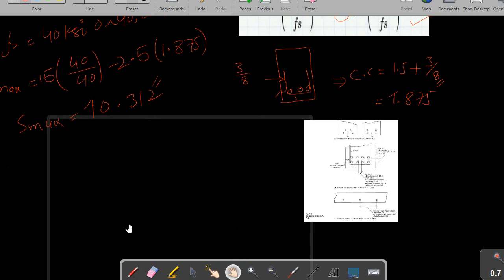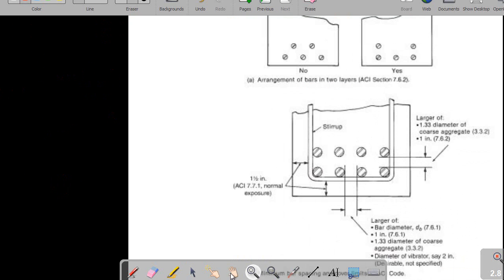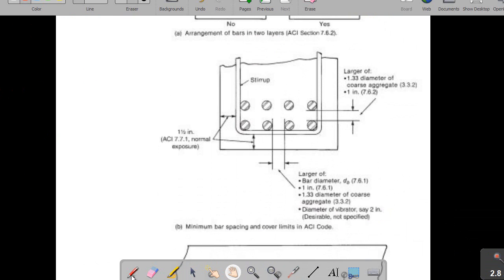Now we will discuss the S minimum value. This is important. If you look at this diagram, I have already discussed it in previous parts. We can see the vertical distance between two layers, which is called the vertical spacing. Here are the ACI criteria: this spacing must be at least 1.3 times the diameter, section 3.3.2, and section 7.6.2 says it must be at least 1 inch.